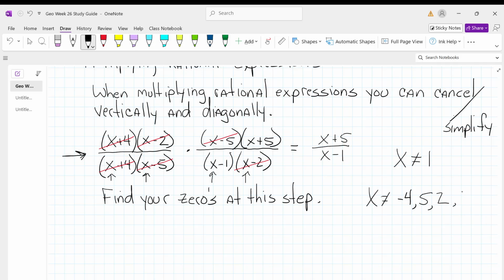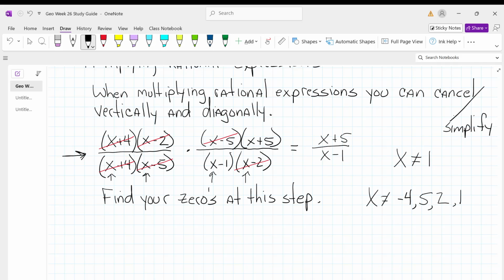So you actually have 4 values that are excluded. All right, they would create a 0 in the denominator. So find them at this step, previous to your last step. So find them when everything is in factored form, even if you want to do it before you simplify. That way you'll be sure not to miss an x that needs to be excluded or restricted.